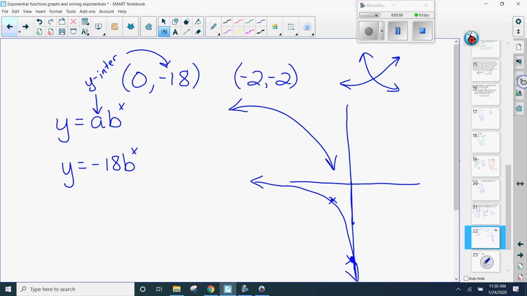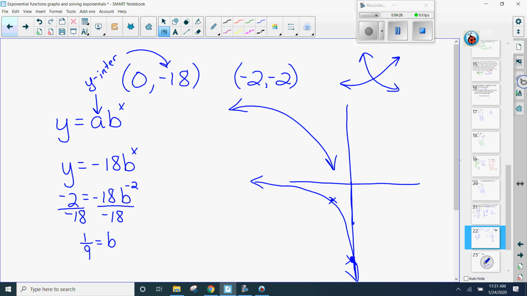And let's figure out what the graph is going to be, or what the b value is going to be. So what is the y value of the point (-2, -18)? What is the x value? -2. What's the first thing you need to do? Divide by -18, and -2 divided by -18 is 1/9.